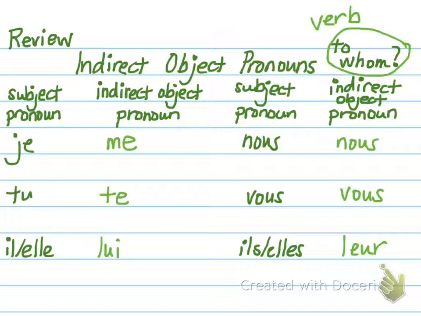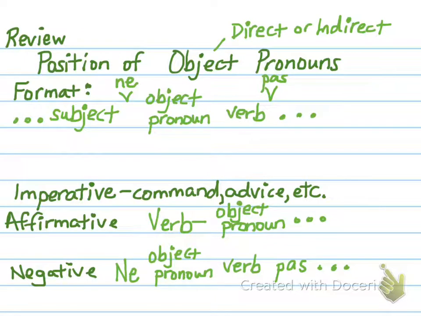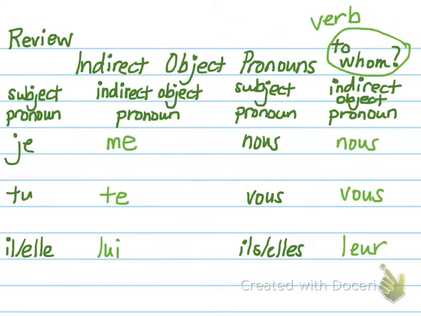Okay, so again, in terms of positioning, these still go in front of your verb, and in affirmative statements that are imperatives, they go after your verb with a hyphen. So the position is the same as what we've previously learned.